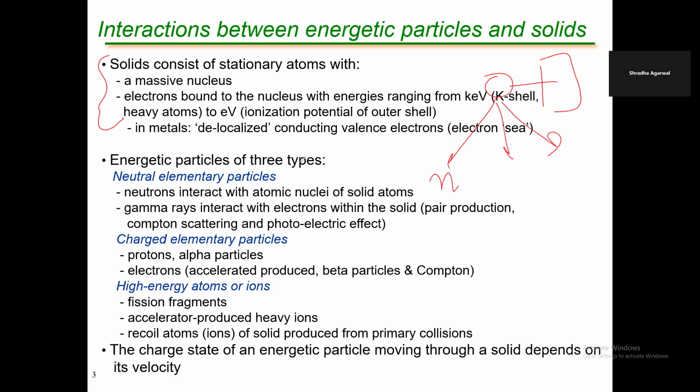It can be neutral particles, it can be charged particles, and it can be your atoms or ions, right? So this one we know it's a neutron, this one we know it's your electrons, and this one we know it's a charged particle, atoms, which will be coming from the periodic table, right? So these are the three things you can choose.